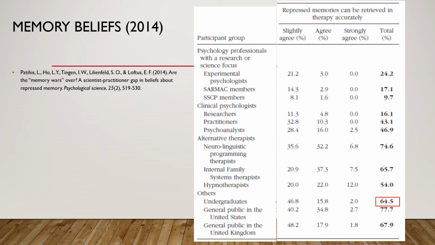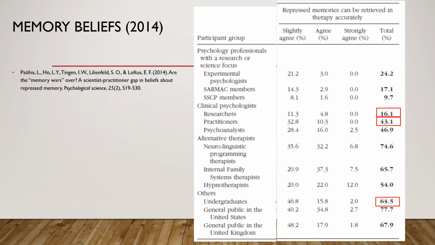Now, those high levels were also found in the general public in the United States and United Kingdom. By contrast, when it came to clinical psychologists who were researchers, only 16% of the researchers in universities in the United States agreed with the idea that repressed memories can be retrieved in therapy accurately.